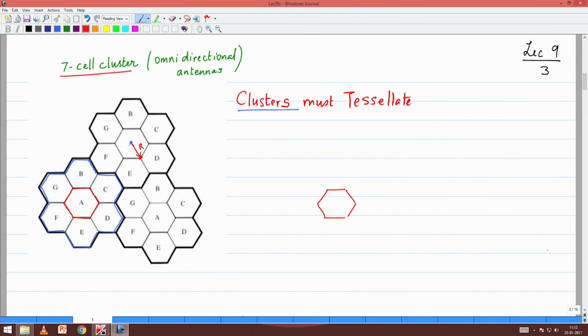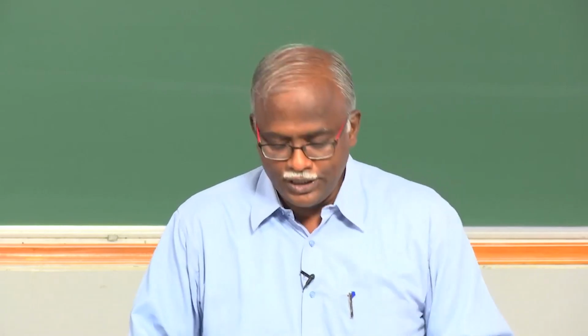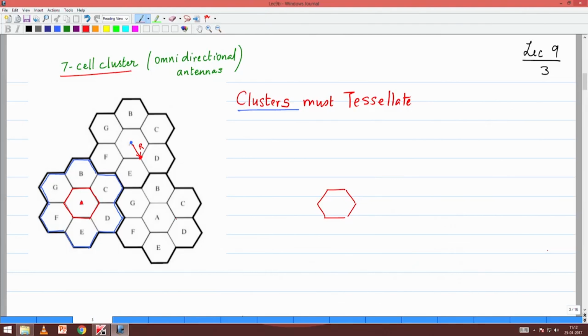Now the key question that will arise is, if my user is in the most disadvantageous position, that means at the farthest point away from my desired transmitter, what is the interference that you will see? You will want to know the distance of your mobile from the other base stations that are using the same frequency and therefore can cause interference. So you are interested in all other base stations and their distances from your mobile.